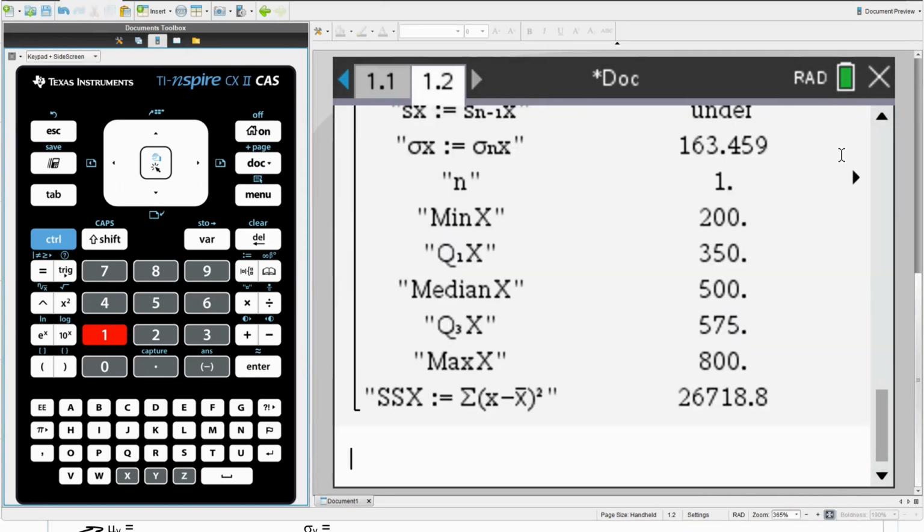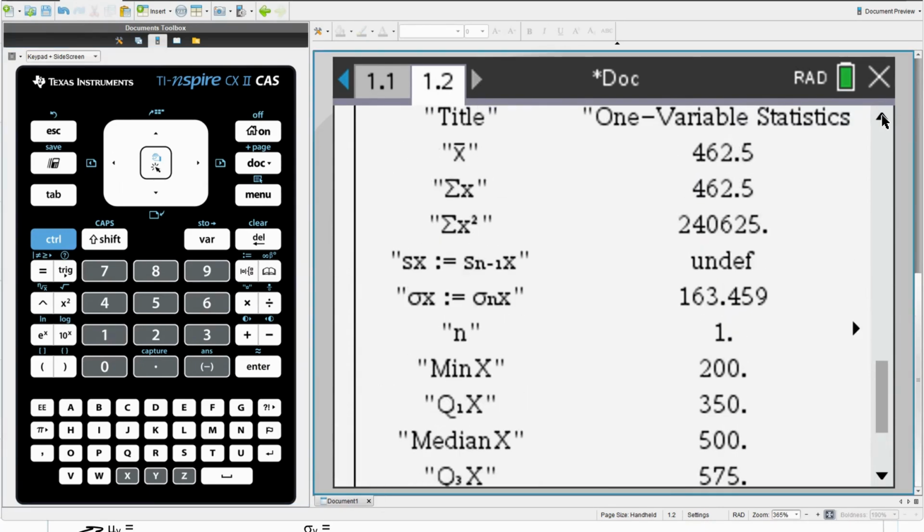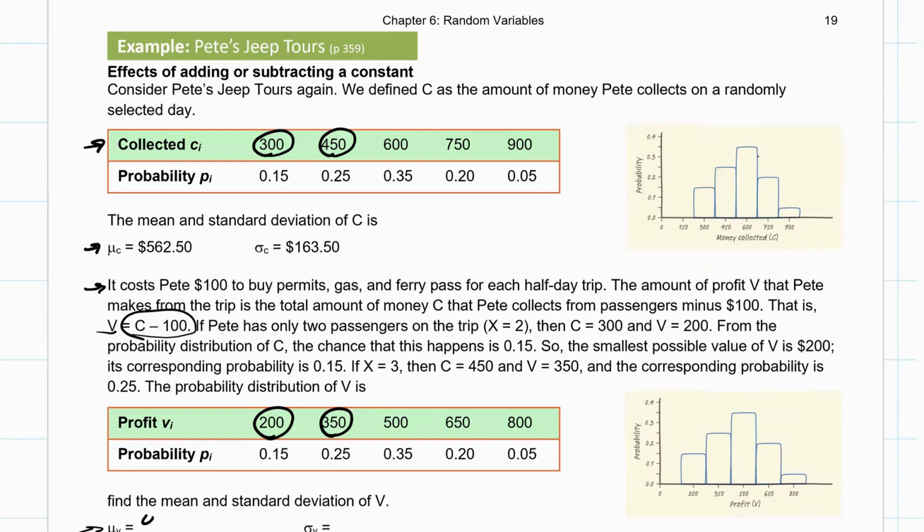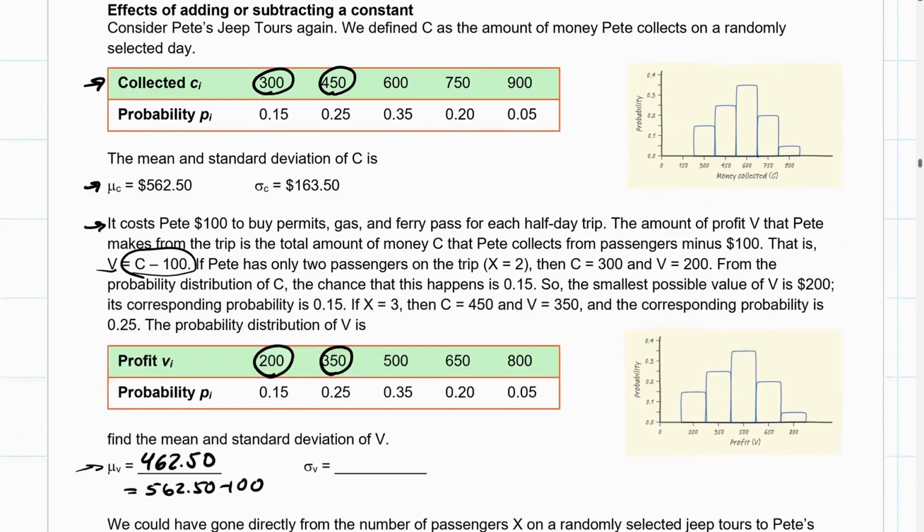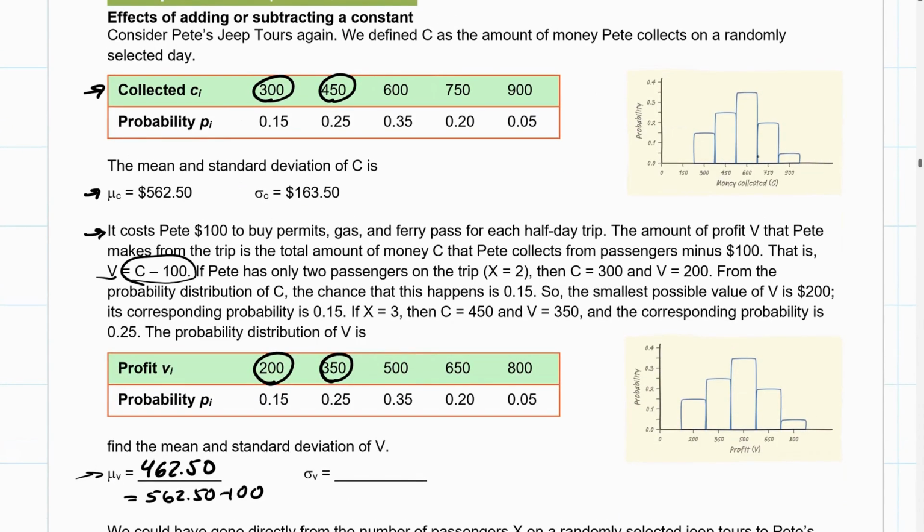And what do we see this time? Well, we see 462.50 as the mean. Wait, isn't that 562.50 minus 100? Could we say that the new mean is the old mean minus 100?